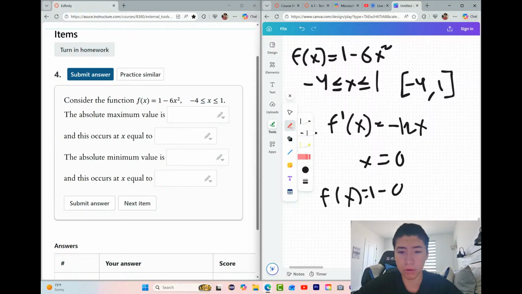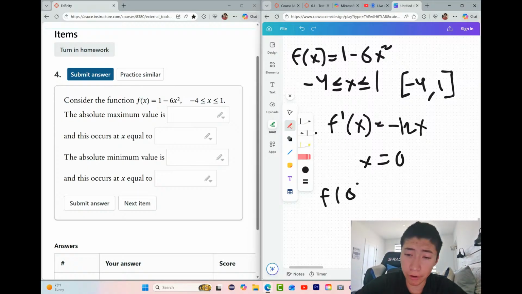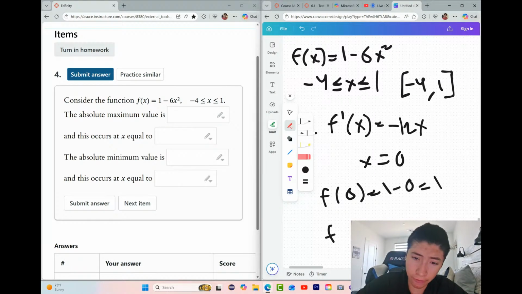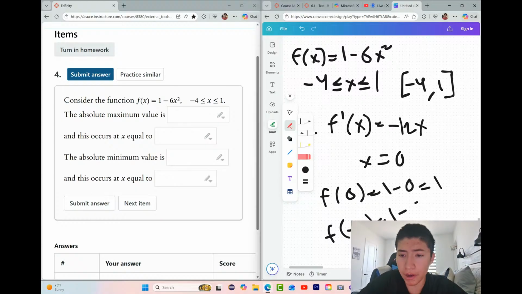So f of 0 equals 1 minus 0, which equals 1. Then we have f of -4, and that equals 1 minus 6 times -4 squared. That equals 1 minus 6 times 16.